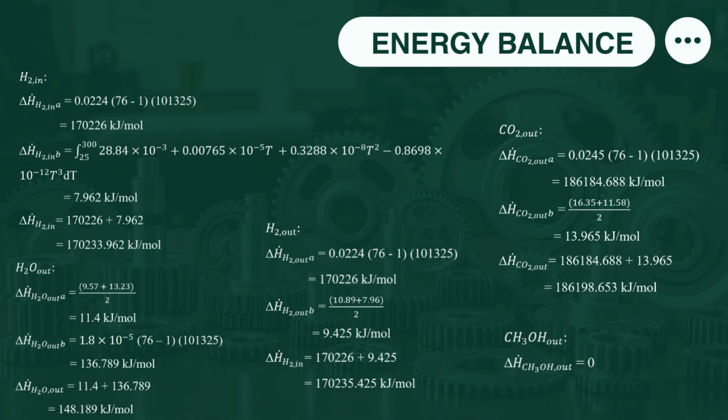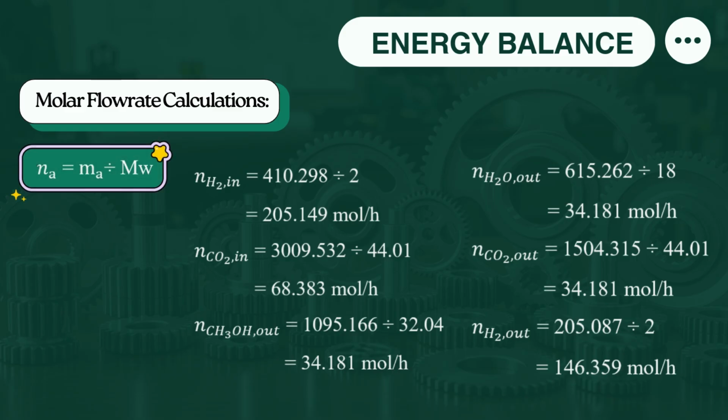This is because the reference state condition that is set for the methanol is the same as the conditions of the methanol at the outlet. Then I used the formula: the molar flow rate of a component equals the mass flow rate of a component divided by its molar weight, to find the molar flow rates for every single component at the inlet and at the outlet.